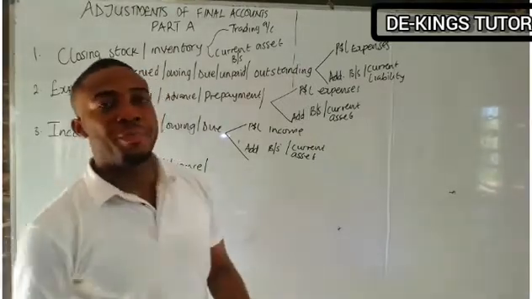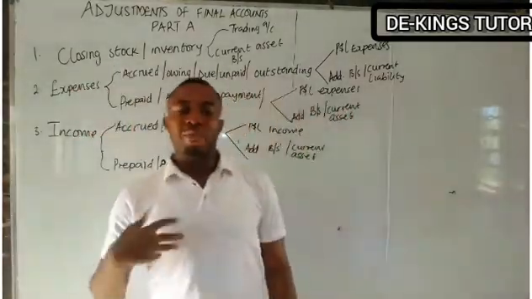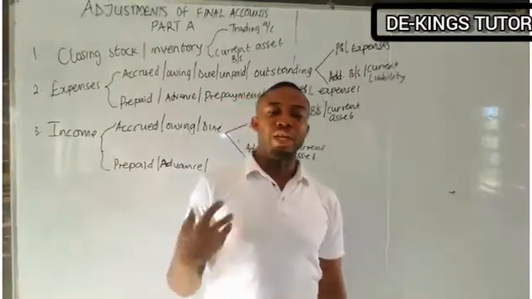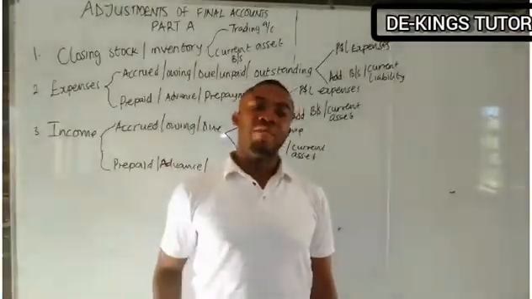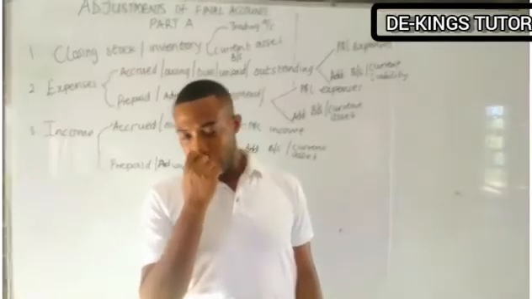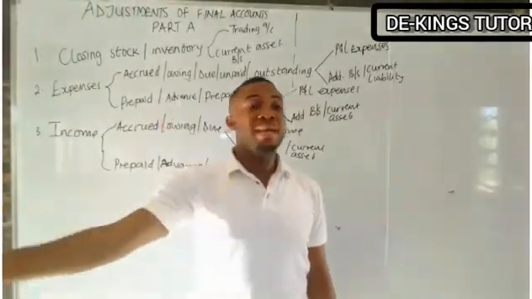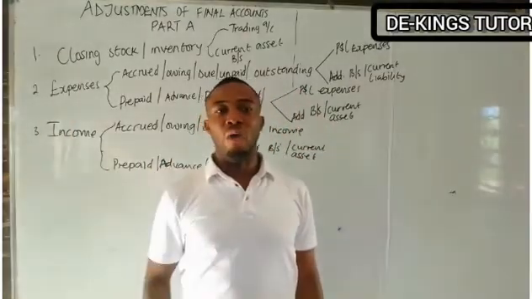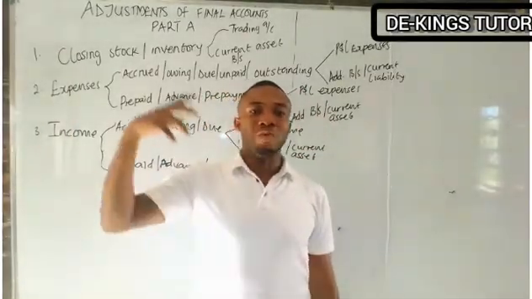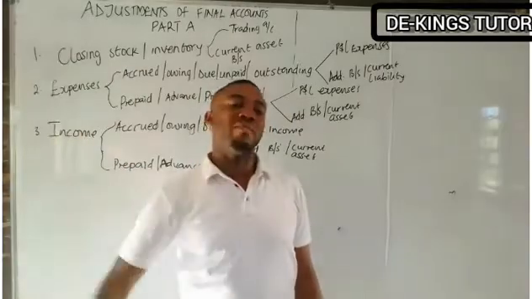Okay, so prepaid income. What is prepaid income? Prepaid income is the income you receive in advance of your services to be rendered. For instance, if you work in an organization and you've been paid or you've collected commission 3 months from now, it means that you've received income in advance of the services.